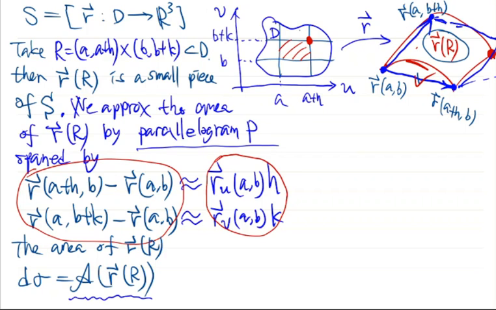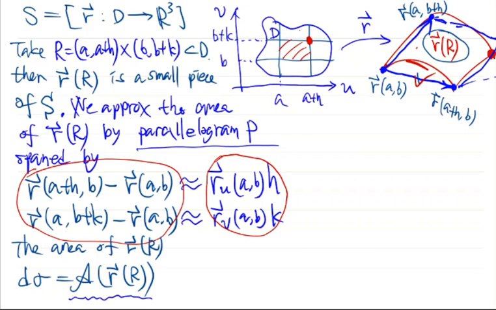What we have in mind for the area is the area of the parallelogram of the two vectors given here. The area of this parallelogram is the norm of the cross product of these two vectors.